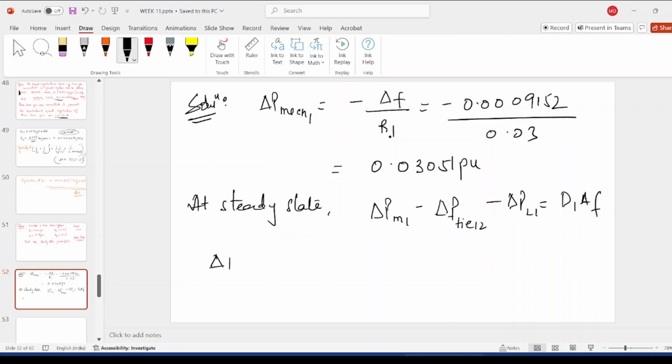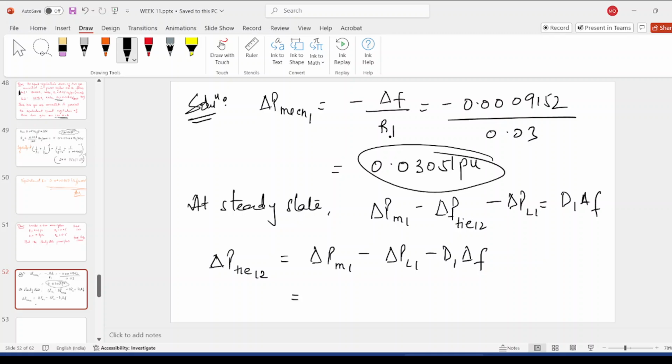Therefore, del P tie, which is 1 2, is equal to del MP1 minus del PL1 minus d1 del F. Okay, so what is del MP1? We just calculated 0.03051 plus PL1.